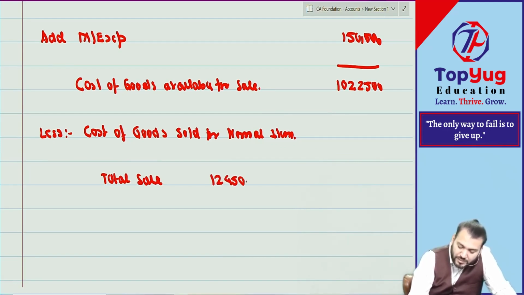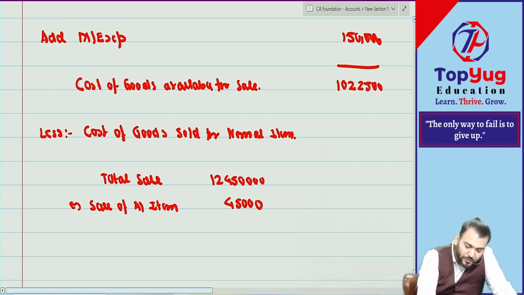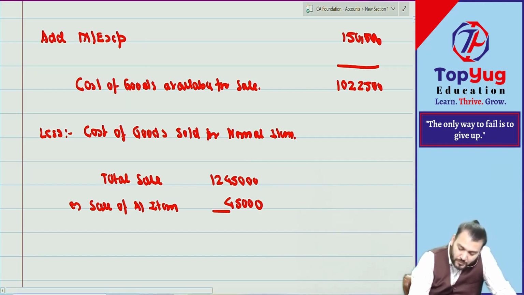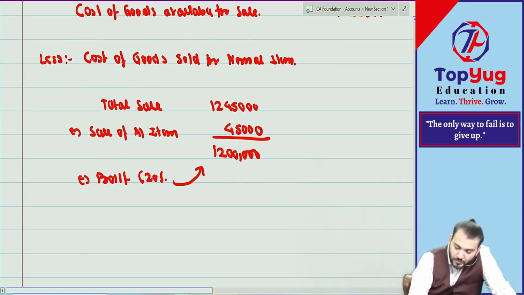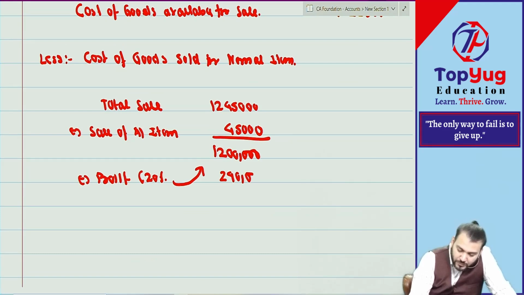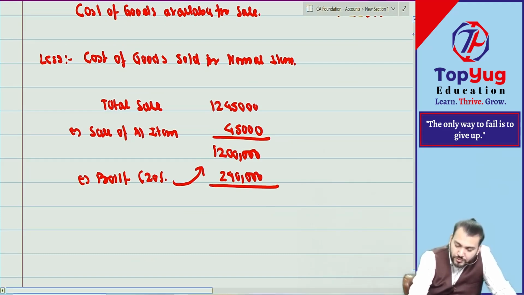Out of this, how much is the sales value of abnormal item? 45,000. This is how much? From this we will exclude profit. GP is 20% on this. How much? 2,40,000. So this becomes cost of goods sold.